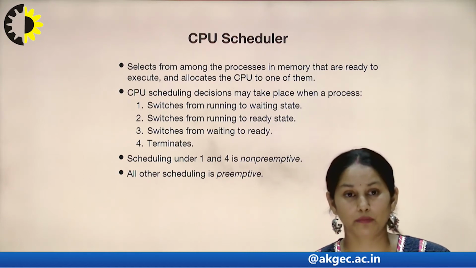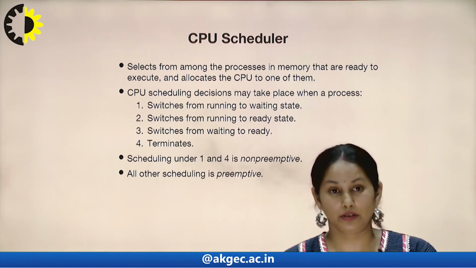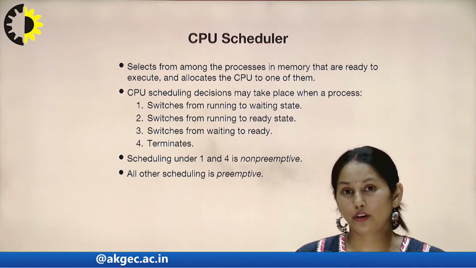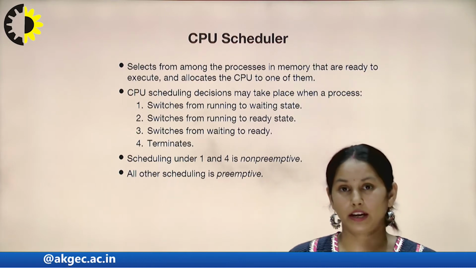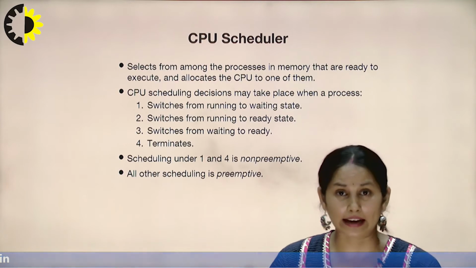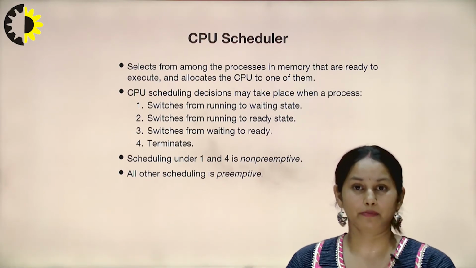So how is the CPU scheduler going to select those processes? The main purpose here is to see what kind of algorithm and what scheduling criteria would be used whenever you are selecting the process for the CPU.